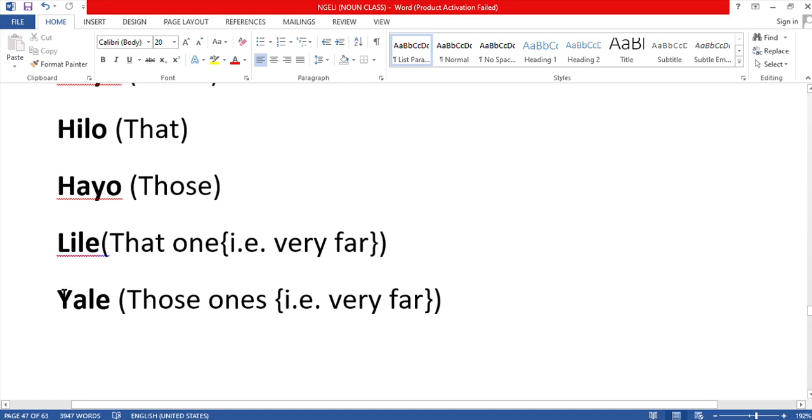You know, this yale, it also implies eat them. Then this lile, eat it. It implies like this, eat it. Then yale, eat them, okay. But this one is implying lile, that one, very far.